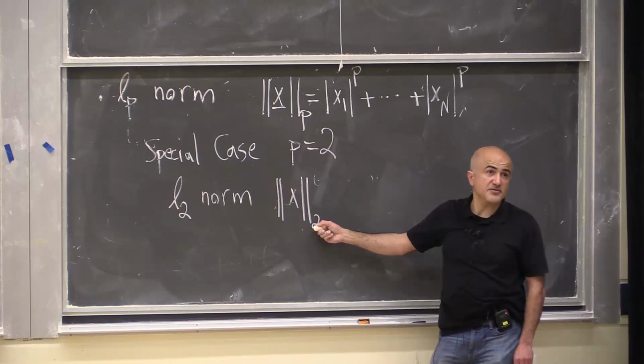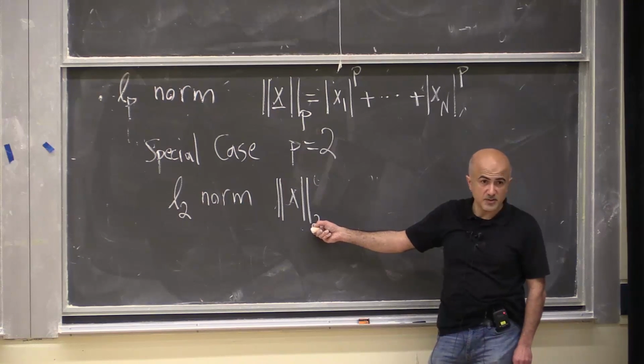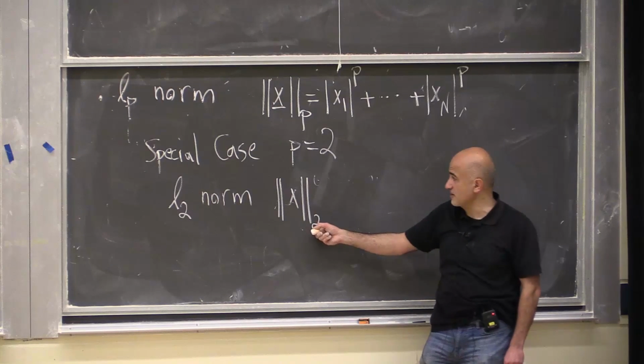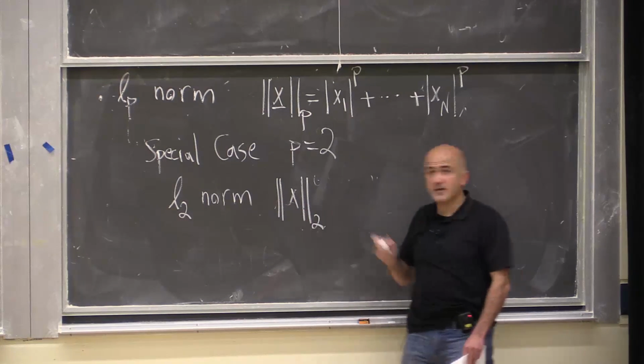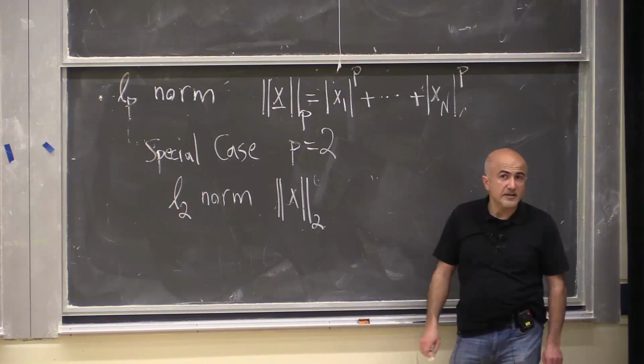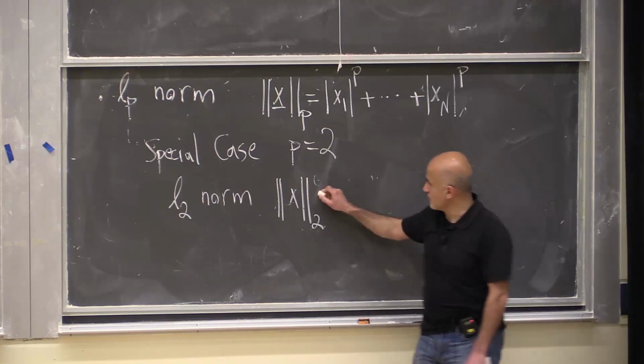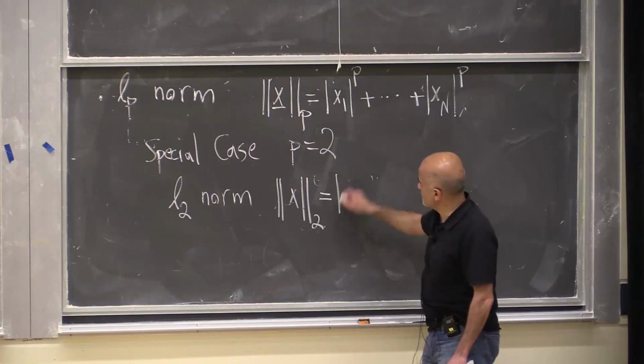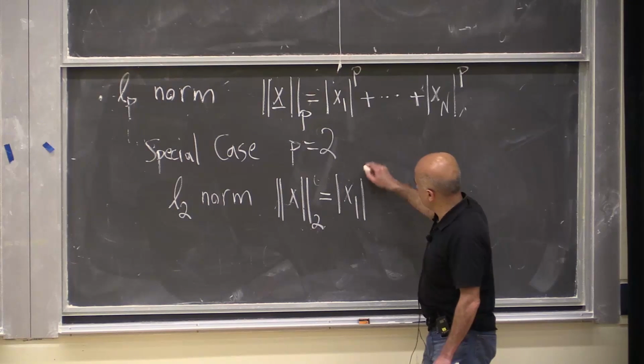And because we're going to fixate on the L2 norm for the rest of the semester, I'm going to drop the subscript 2 in no time. Okay, so from now on, whenever I talk about a norm, or after I give the last example, anytime I talk about a norm, I'm talking about a 2 norm. So the 2 norm, obviously, is when you substitute for p the number 2.